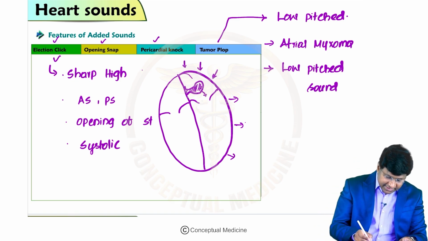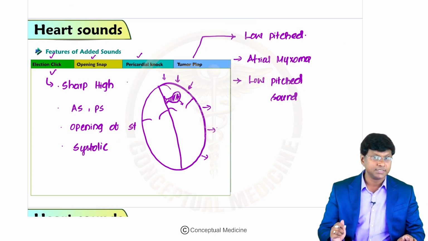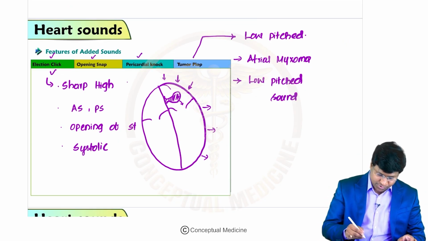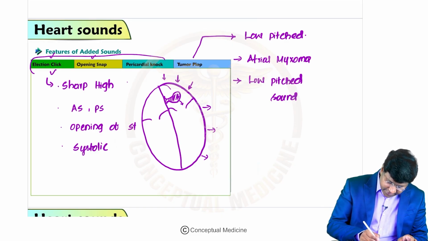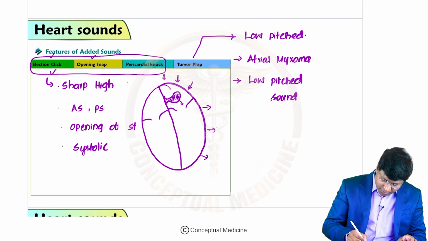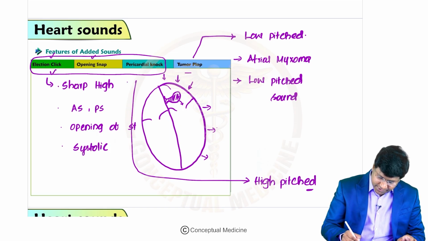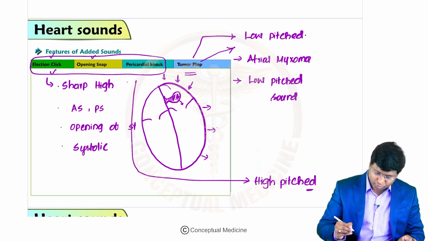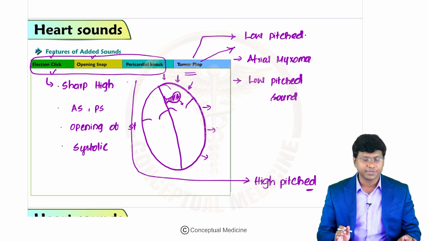Among all these added sounds, the ejection click, opening snap and pericardial knock are all high pitched sounds, whereas the tumor plop is a low pitched sound. Okay, next.